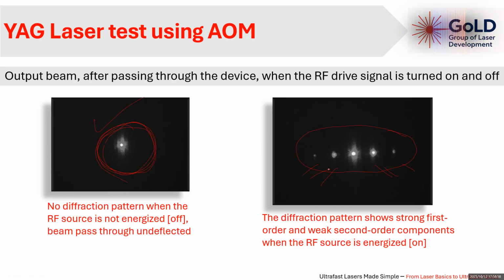Okay, so this is one example for the YAG laser tested with the acousto-optic modulator. When this is on, you can see these diffracted patterns here, here, here, here. And when this AOM is off, then you don't see anything like this.